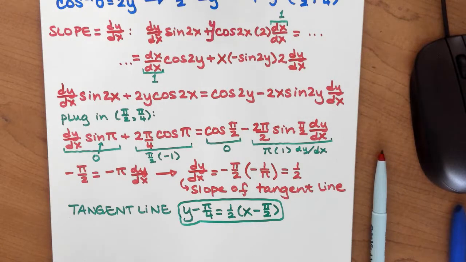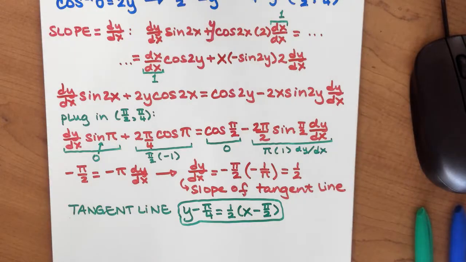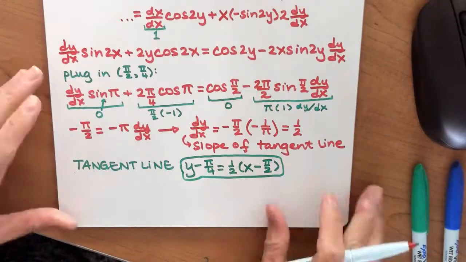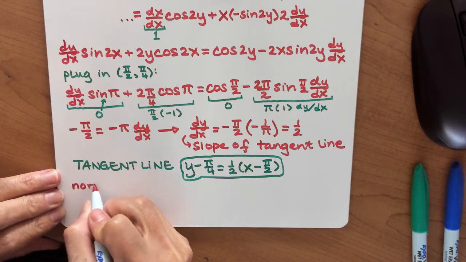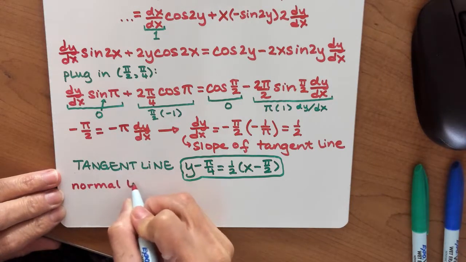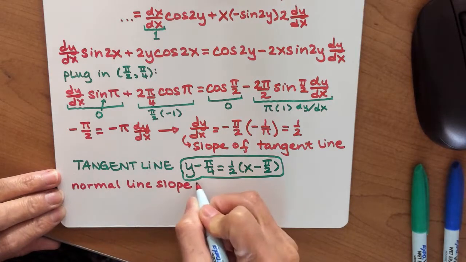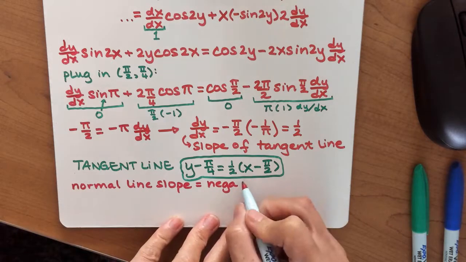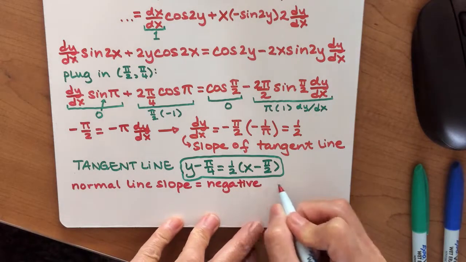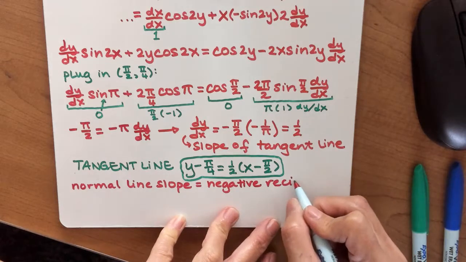And if you recall, the normal line has a slope that is the negative reciprocal of the tangent line, because the normal and the tangent are perpendicular.